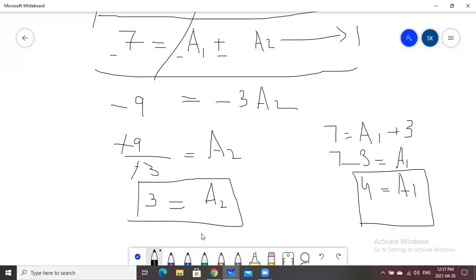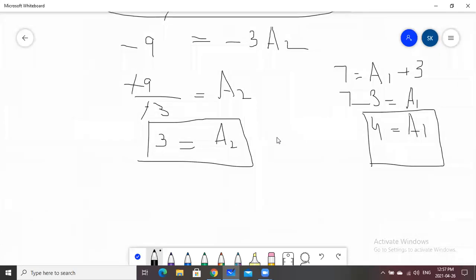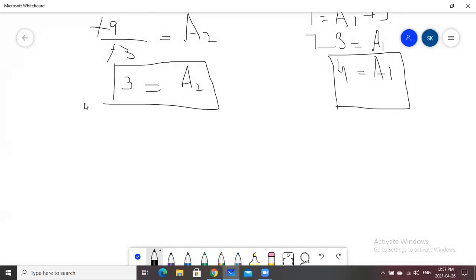Therefore, after definitizing the equation that we had in the beginning, our final solution is y of t is equal to the value of a1, which is 4, e raised to power 1t, since the value of r1 is equal to 1.